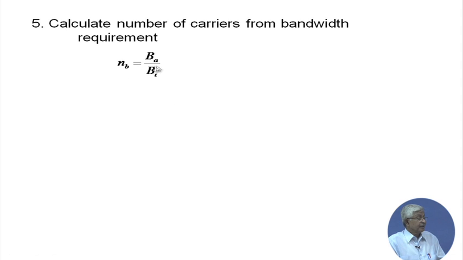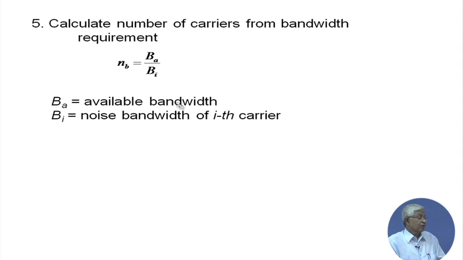We have BA and BI calculated. It is the ratio, available bandwidth over noise bandwidth, or in terms of log you can do it the log way also. If BA and BI are in dB terms, then it will be BA minus BI in log, and the NB also will come in log term; convert it back to a ratio.